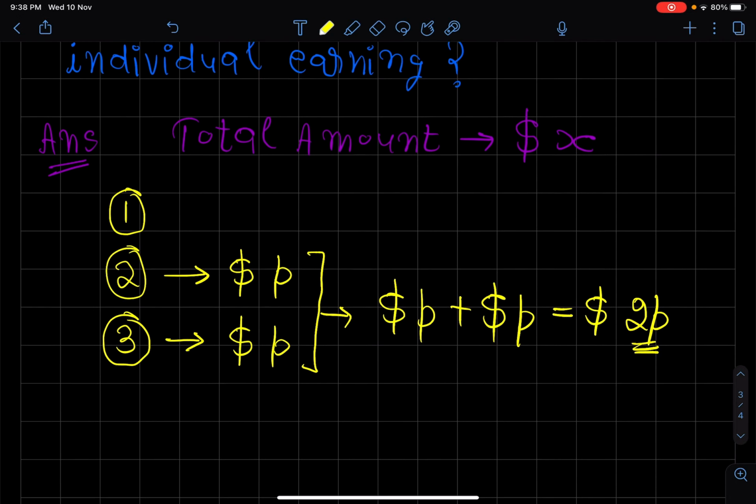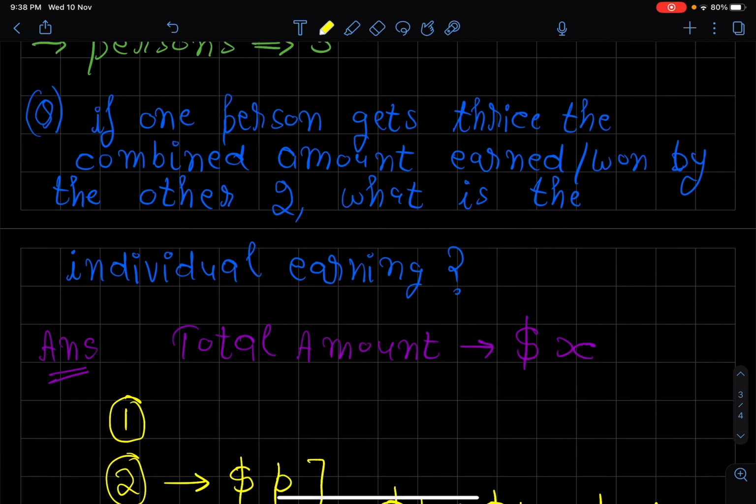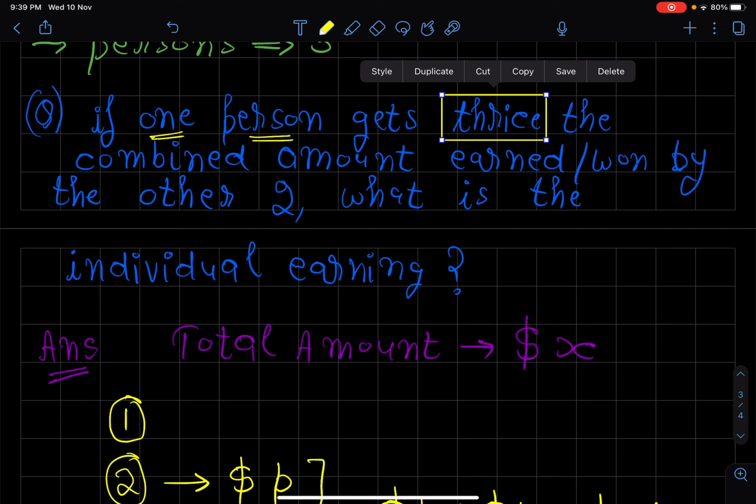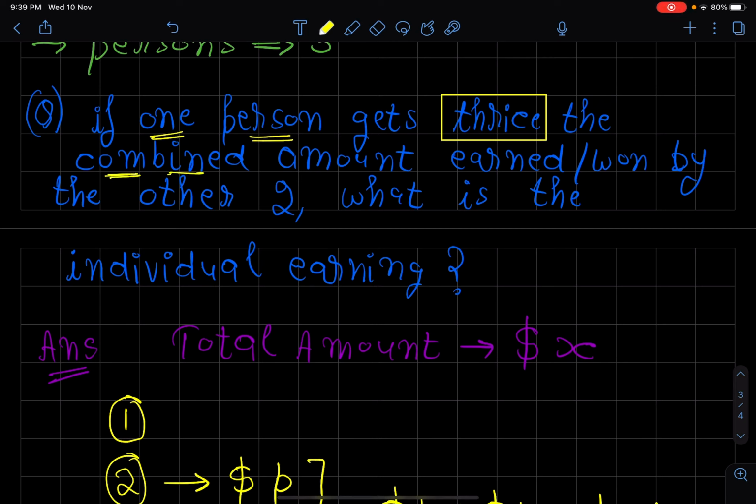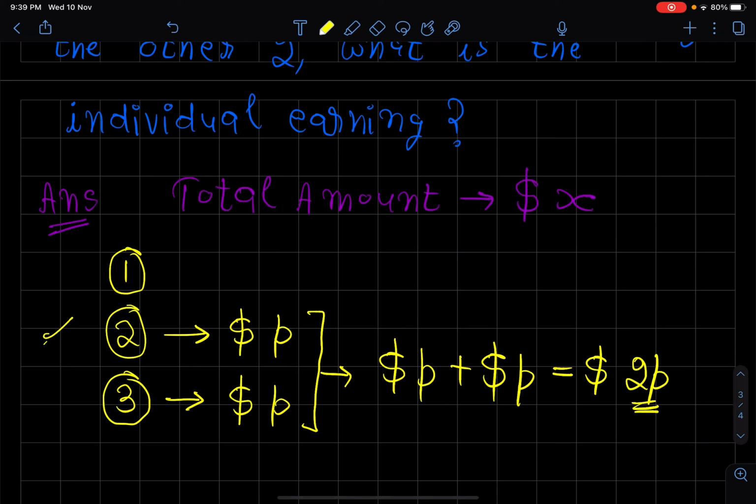Now let's go back to the question. What does it say? If one person gets thrice the combined amount won by the other two, what is the individual earning? The combined amount earned by person 2 and person 3 is $2P.